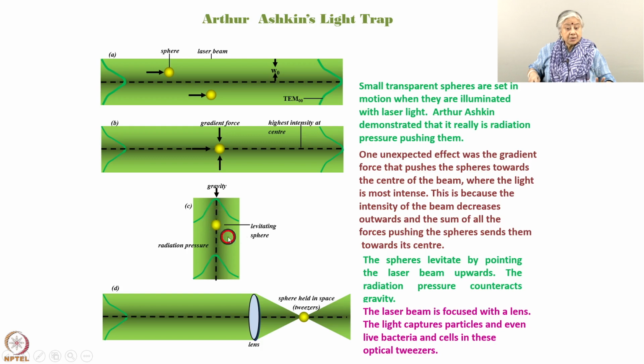Under proper conditions you are able to overcome the gravity and the particle moves up. And finally, he focused one beam from this side and one beam from that side and held the particle here.